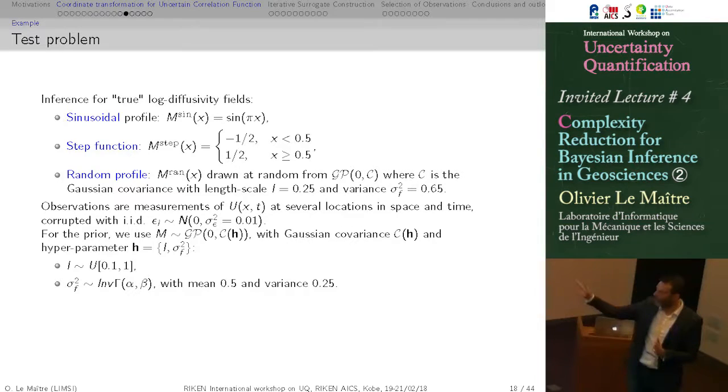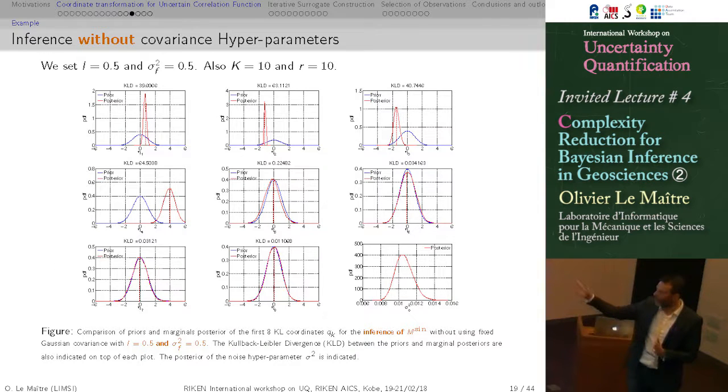So let's try to apply this to learn two different types of functions. The first one is just a sin function, so very smooth, differentiable everywhere, C infinity, in fact. Second one is a step function, so very not smooth. And another one is actually a random profile sample from a Gaussian process with a particular correlation length, okay, just for the sake of the experiment. This is what you obtain if you don't use hyperparameters and instead assume a correlation length of 0.5 and a certain variability in your a priori and use 10 modes and a polynomial degree of 10.